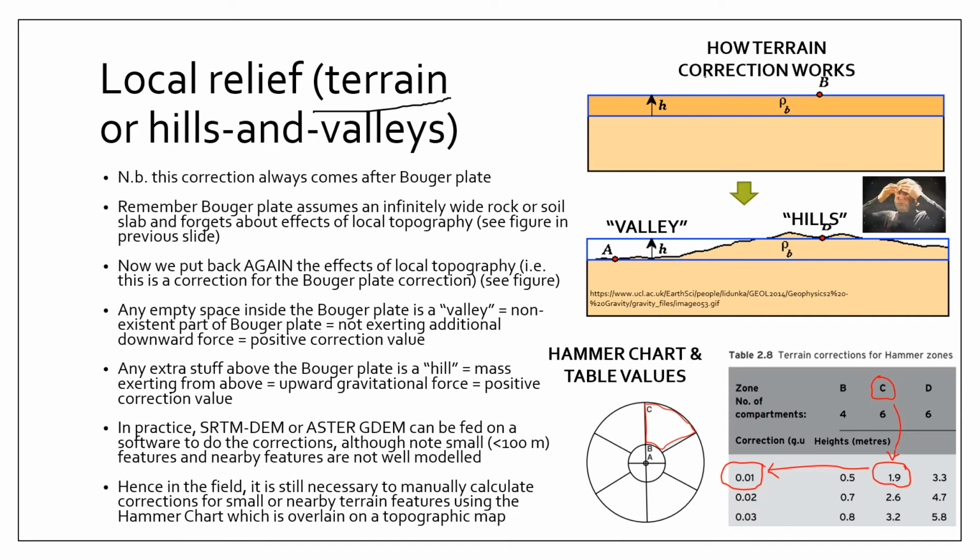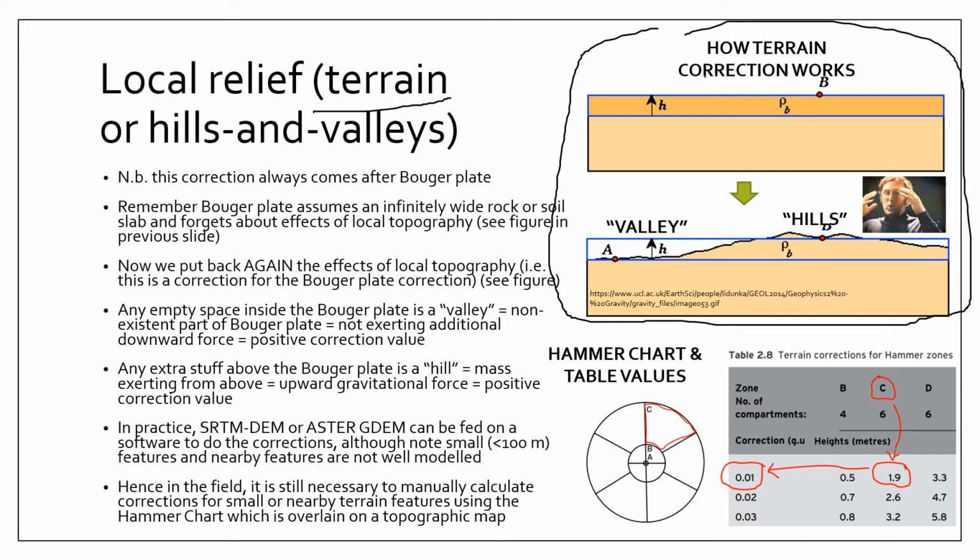Okay, so terrain correction is a correction for the Bouguer plate correction. Right, so what happens here is you see this familiar figure. Okay, so we just reversed the Bouguer plate correction and the terrain correction. Okay, so we start with the Bouguer plate correction and then we go back to the actual terrain, the details of the actual terrain.